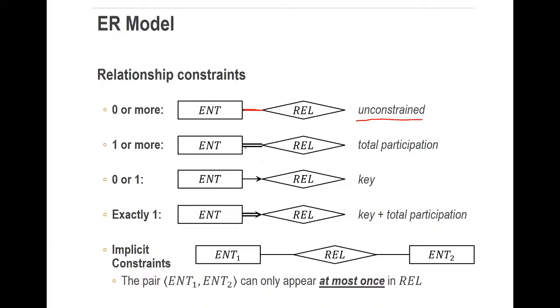If it's a double line like this, it means it has a total participation. What it means is that every single entity in this entity set must have an entry in this relationship set. But you can have more.